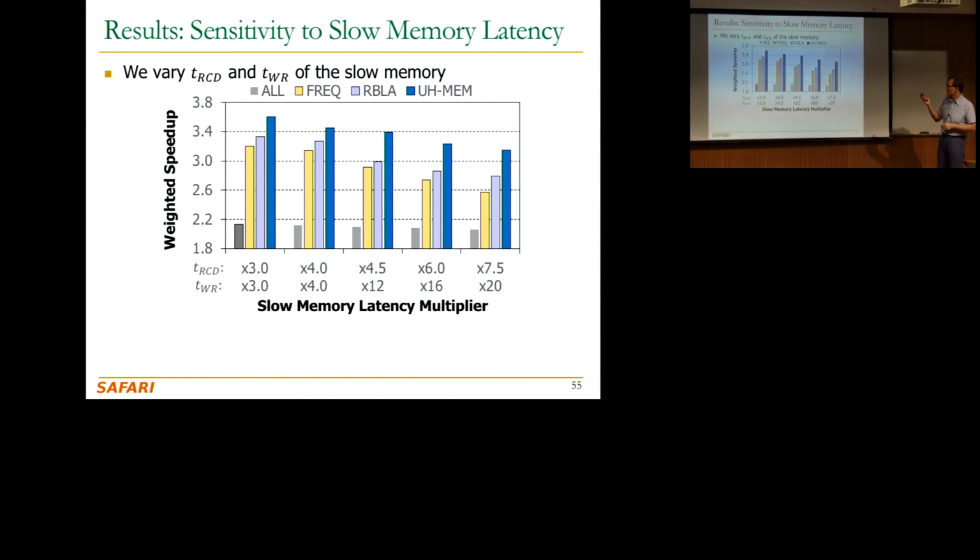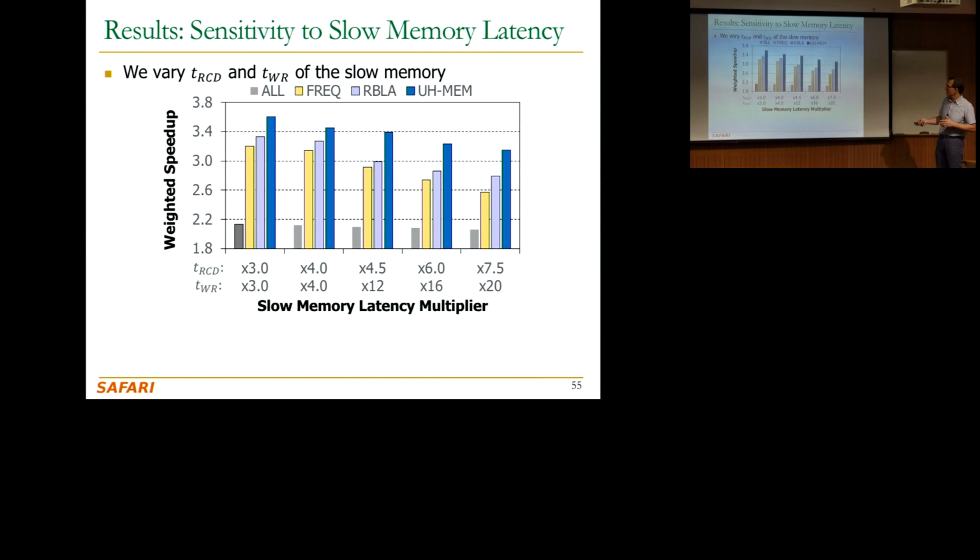As far as I know, this is the state-of-the-art mechanism right now. And this is actually relatively general. We look at different access latencies of the slow memory as a multiplier of the fast memory. So this is, for example, the slow memory is really slow over here. Here, the slow memory is slow, but not as slow as here. Here, the slow memory is 3x slow, for example. Here, the slow memory is 7.5x slow. And in terms of writes, it's about 20x slower compared to fast memory.